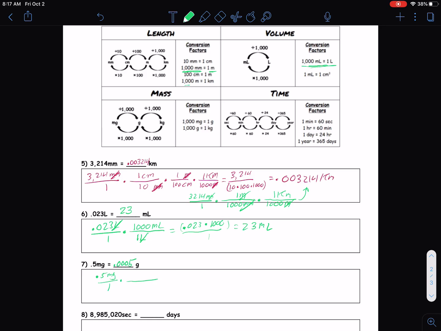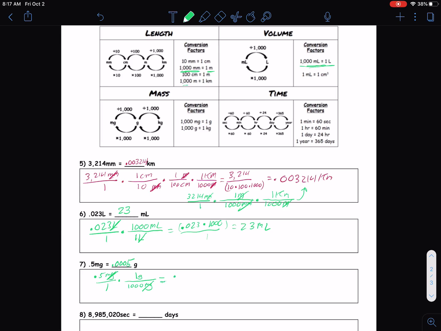We're going to multiply by our conversion factor of 1 here, and we have 1,000 milligrams equals 1 gram. Milligrams cancel. Remember, you want milligrams in the numerator, milligrams in the denominator, and 1,000 always stays with the milligrams. That equals 0.5 divided by 1,000 equals 0.0005 grams, because grams is the unit we're left with there.